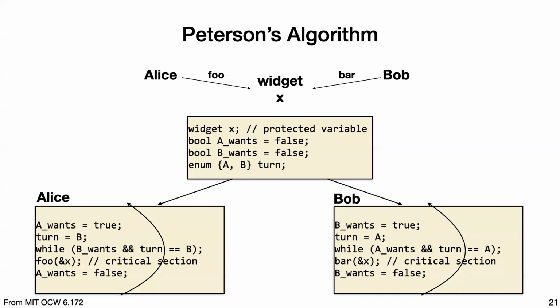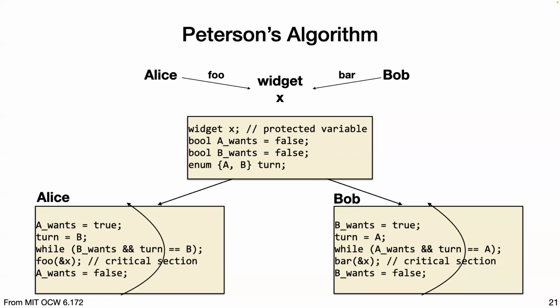Okay, so how it works. Alice and Bob are running in parallel, and these are symmetric, so we're just going to go through one of them first. Alice first sets A wants to be true, because she wants to do her function, and then she sets turn to B. And there's this empty while: while B wants is equal to true and turn is equal to B, then she waits.